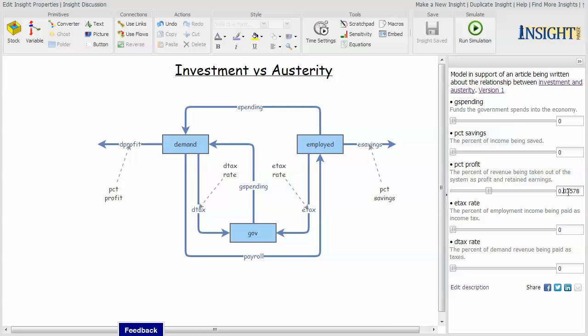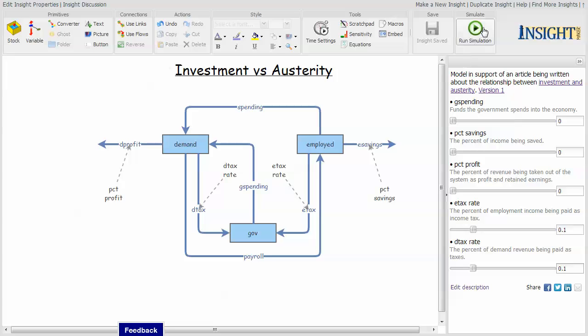I want the tax rate to be point one, and the other one is point one for demand.